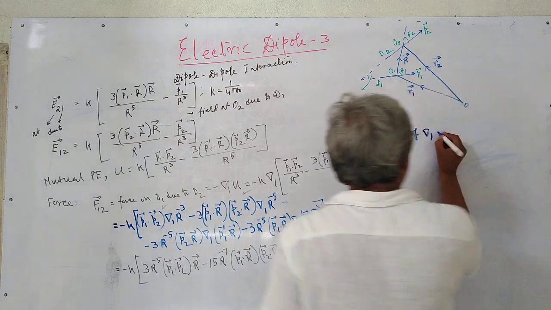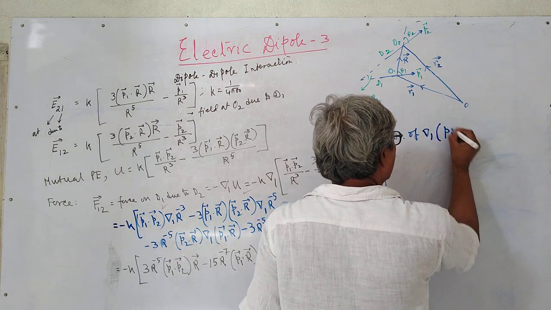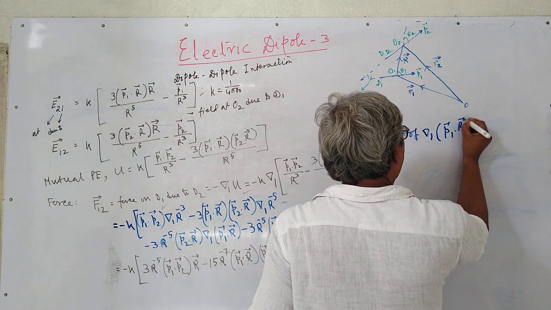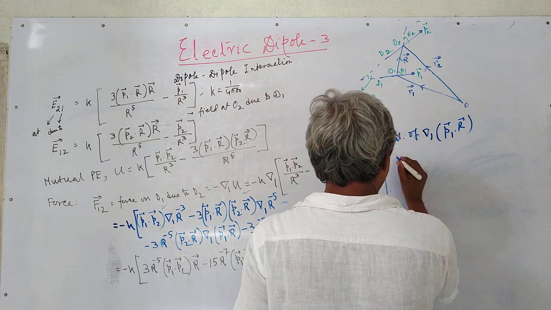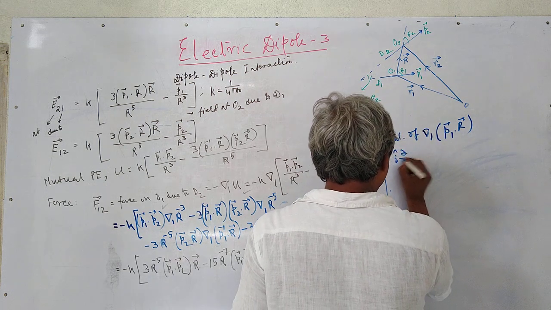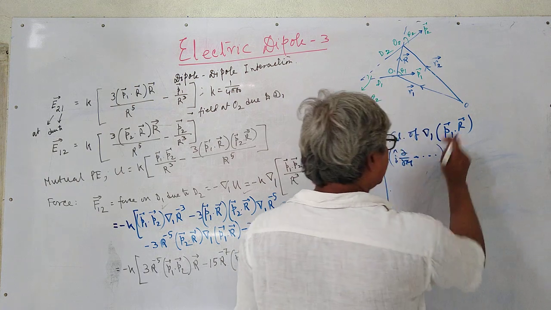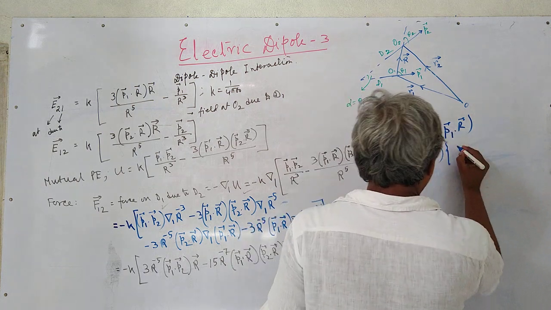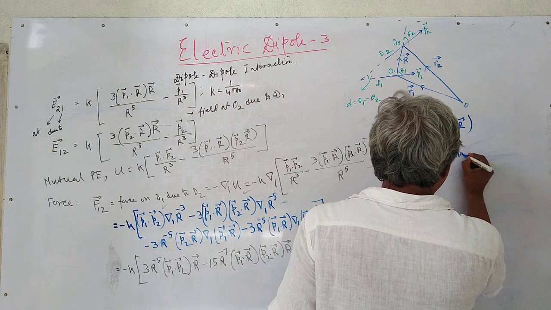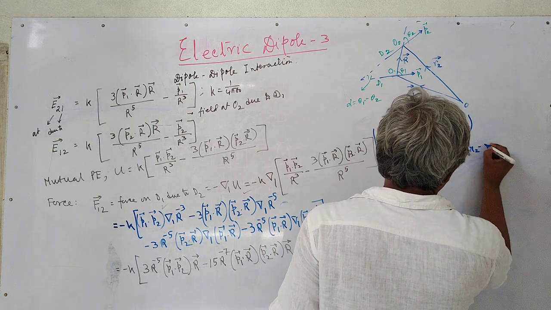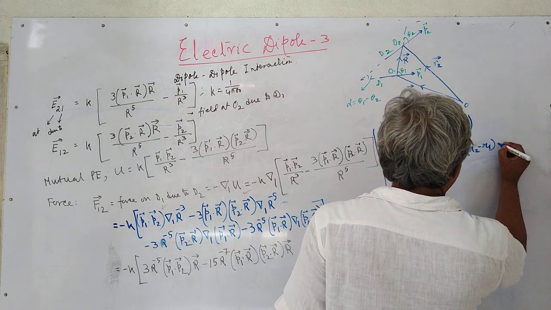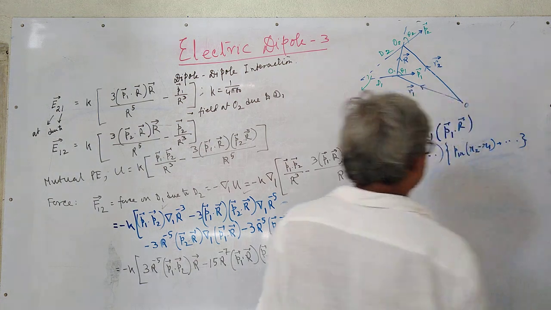Calculation of nabla 1 operating on P1 dot R. This is equal to, for nabla 1 I write I cap del del x1 plus other two Cartesian components, and for this I write P1 x times x2 minus x1 plus other two Cartesian components.